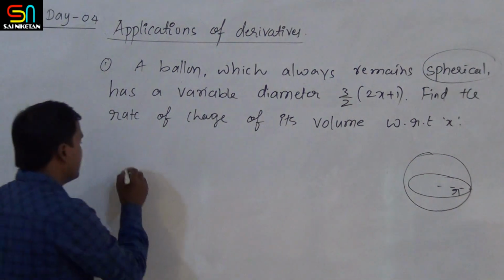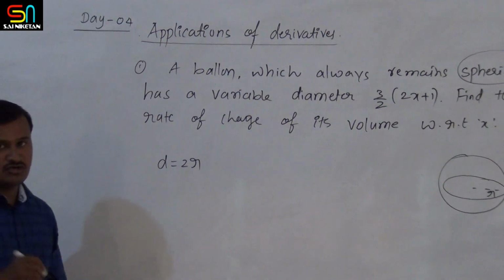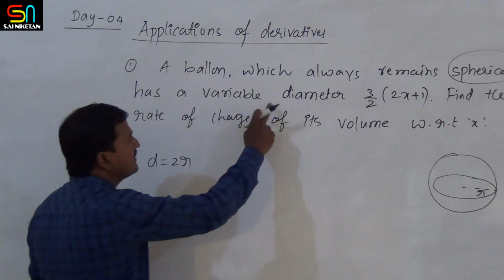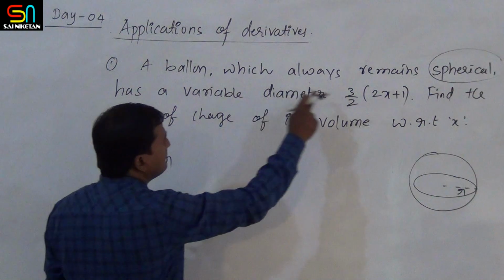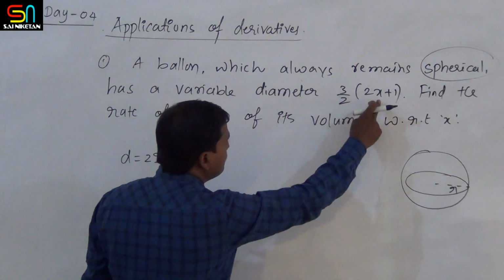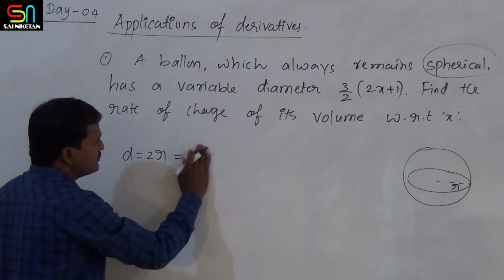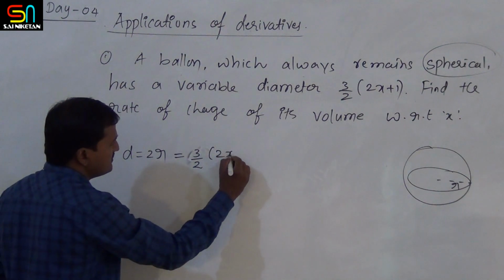So you know the diameter. So diameter is equal to how much? 2 times the radius. So clearly the diameter of the sphere is given as 3 divided by 2 into 2x plus 1. So I have taken d is equal to 2r, meaning the diameter of a sphere or a circle is always 2 times its radius. So 2r is equal to 3 divided by 2 into 2x plus 1.